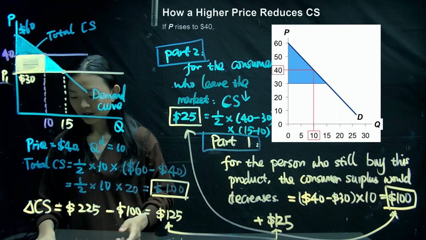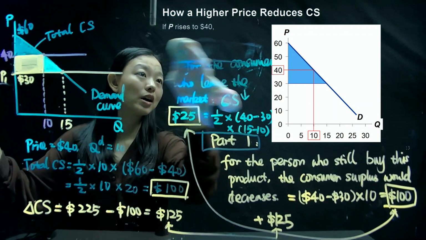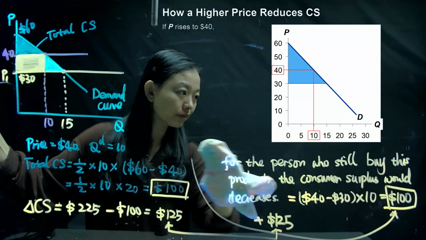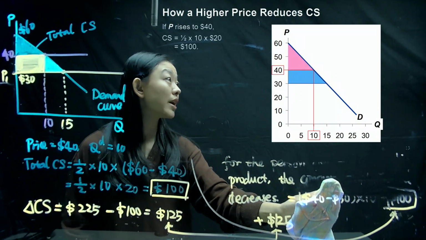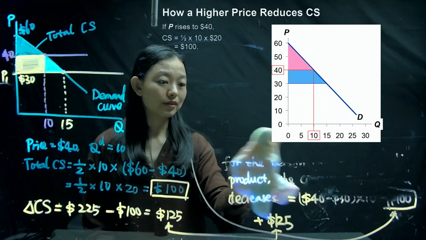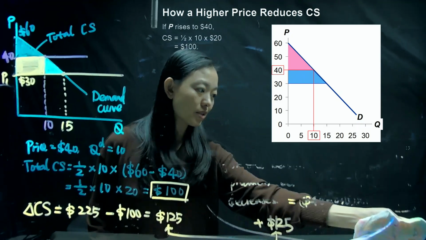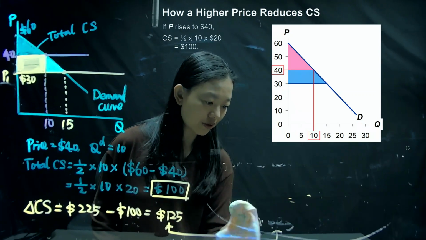Understand? All right, now let's continue to see what we will talk about on the slides. On the slides, the consumer surplus when the market price is $40, which is what I just computed, equals $100.